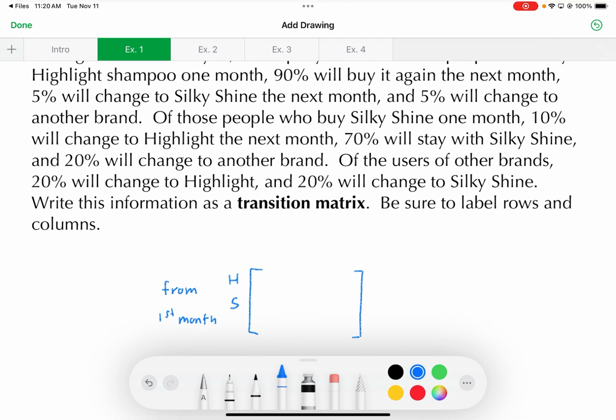Second row, Silky Shine, S, and then the third row, I'll just use an O for other. Okay, our columns are going to be representing to the next month, and we'll use H, S, and O as well.